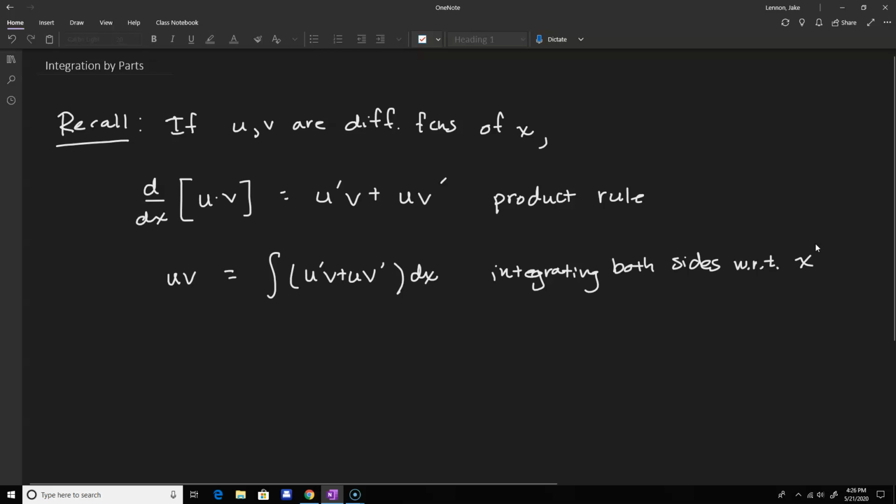What we can do is split apart the right hand side into two integrals, so we can write it as the integral of u prime v dx plus the integral of uv prime dx.